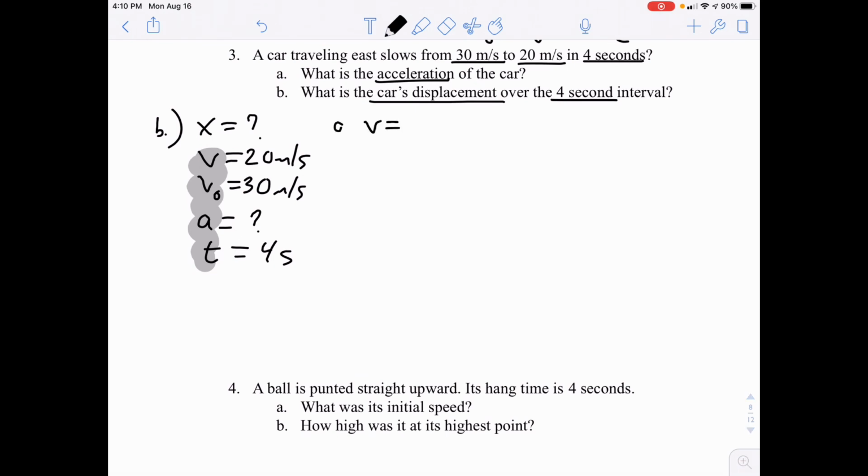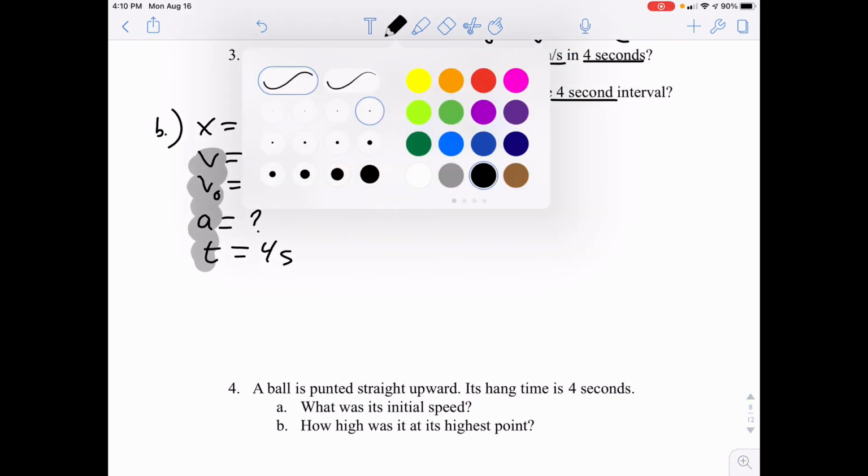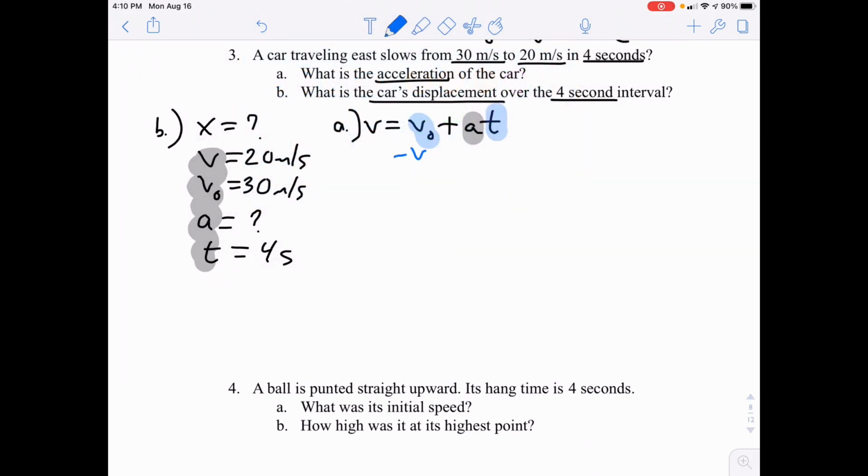v equals v naught plus a times t. This is for part A. Now, in order to solve for a, you need to get rid of the v naught and the t. Starting with the v naught, we can subtract v naught from both sides. When we rewrite this, we get v minus v naught equals a times t.